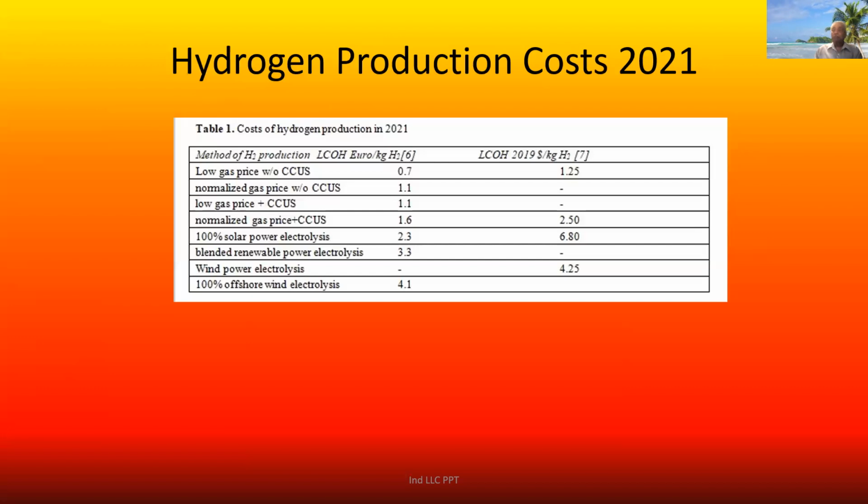It's easy to do by weighing, and it can be consistent. Here again, you see the water electrolysis costs much more than the gas conversion.